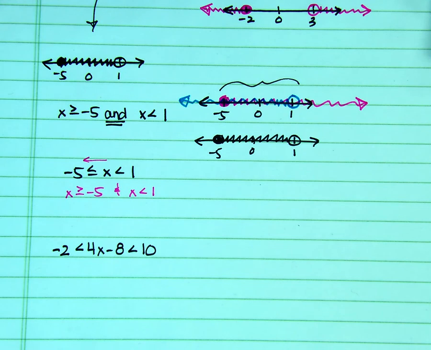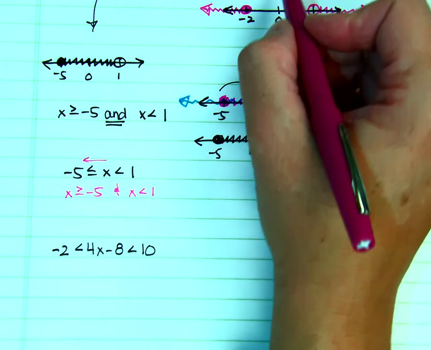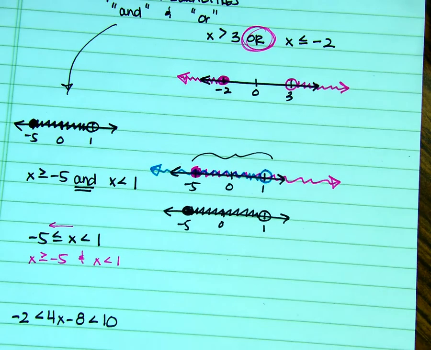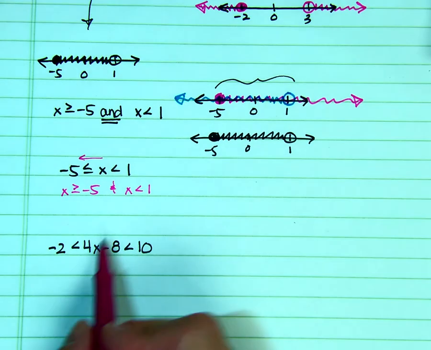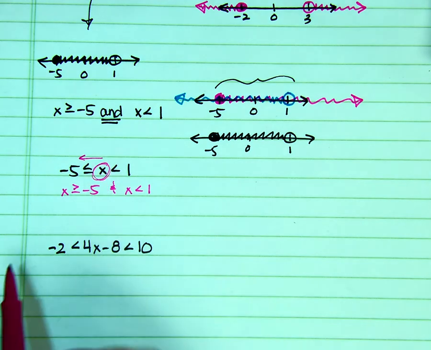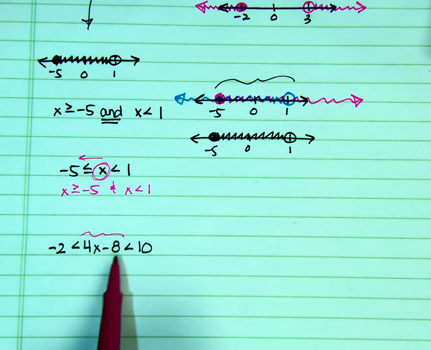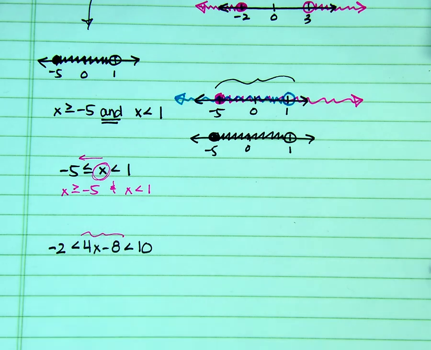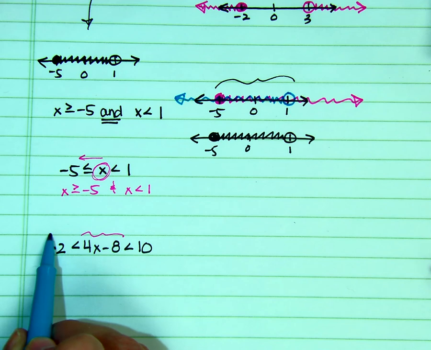Now, is that an and or an or? You should have recognized that it's an and because an or has to have the word or. So when you have it written like this, and notice we don't just have one variable in the middle, we have several terms. These terms have to go with both inequalities.